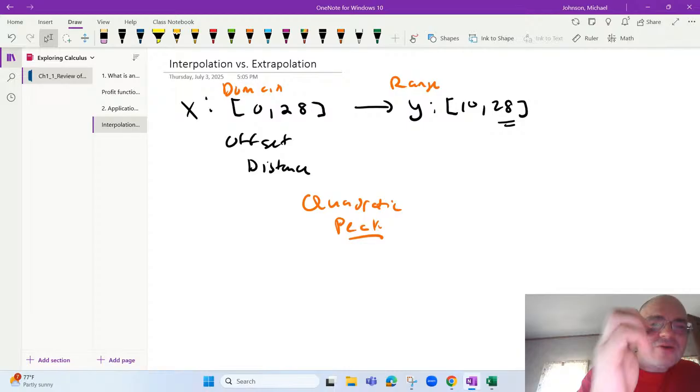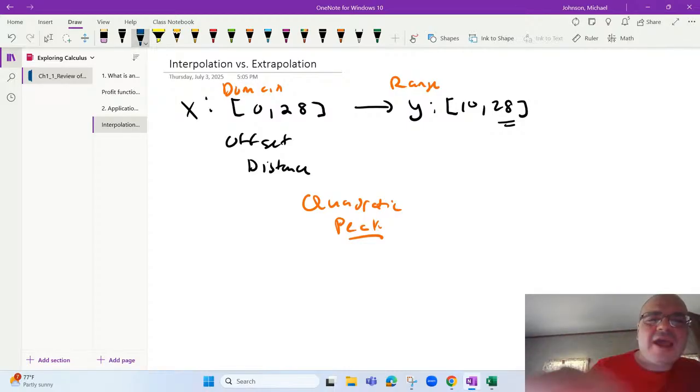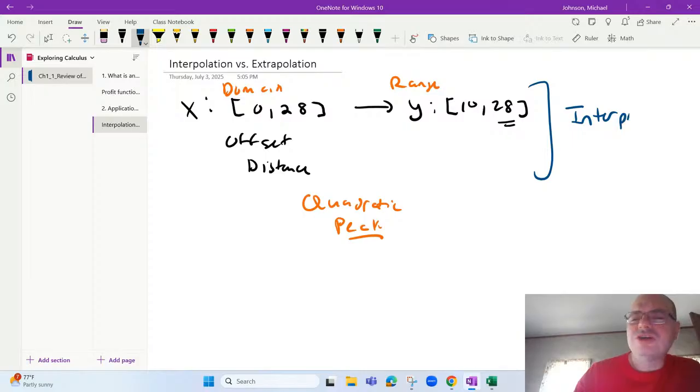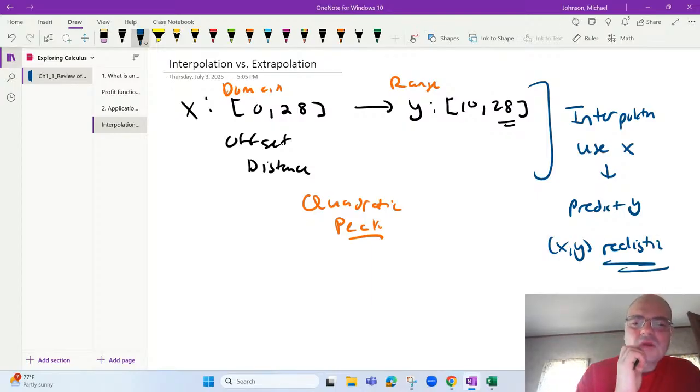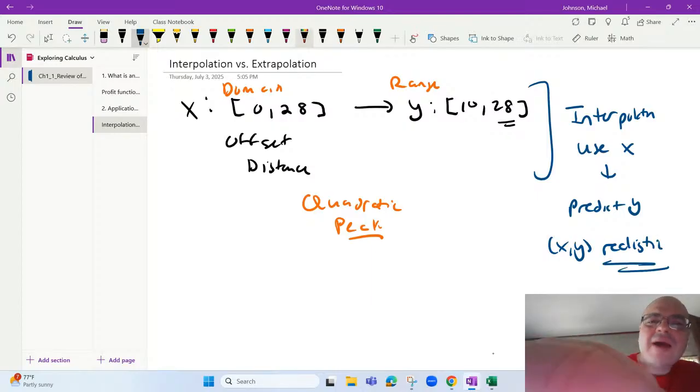Now this domain and range is in an interval that we call interpolation. Use x to predict y, and let's say x and y are realistic values. If we extrapolate, we have something that is not appropriate.